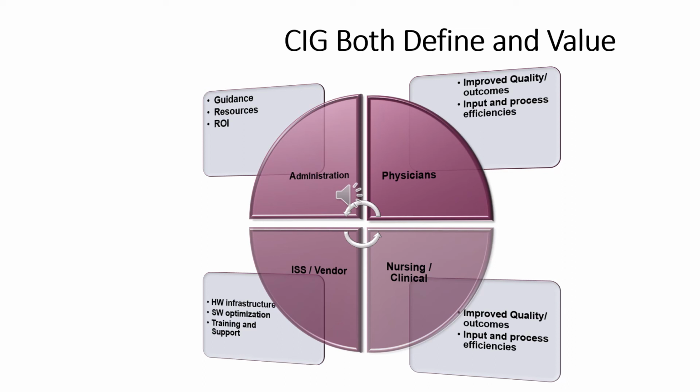It should be about who controls and how we pay for and how we authorize hardware, infrastructure, software, optimization, training, and support. Also involved in clinical informatics governance, and part of the definition is improving quality and outcomes, input and processes and efficiency. So for me, this slide is both bridging the definition of clinical informatics governance and the value.